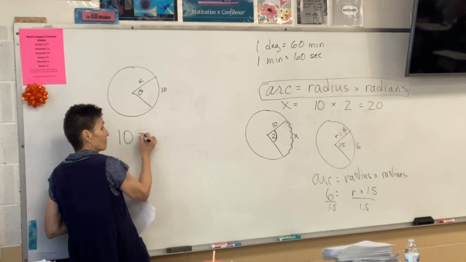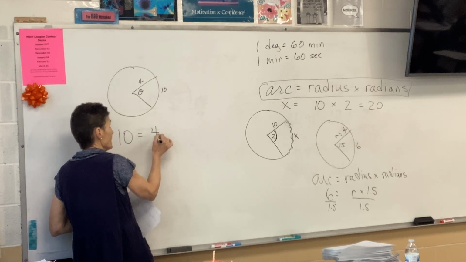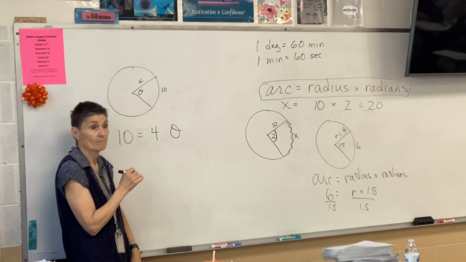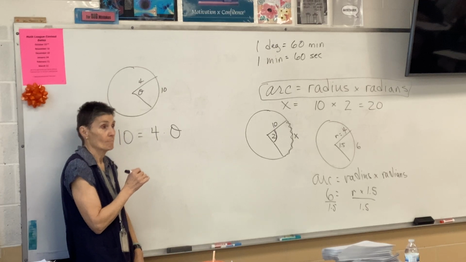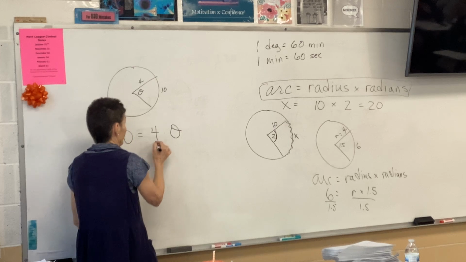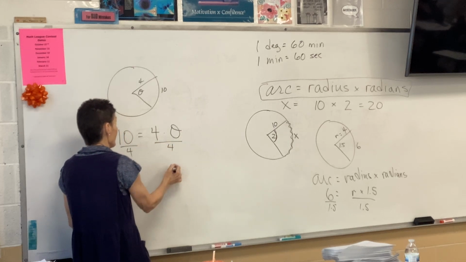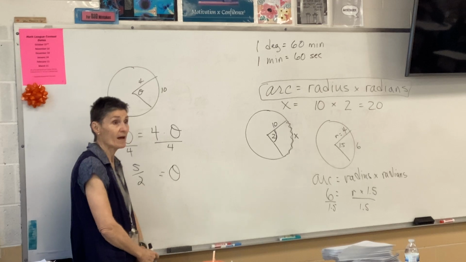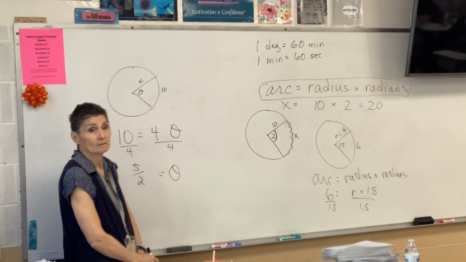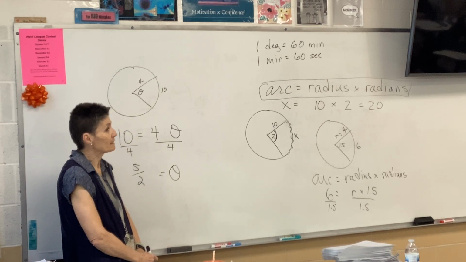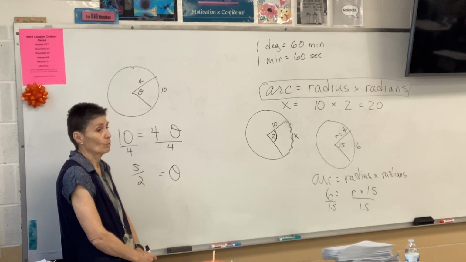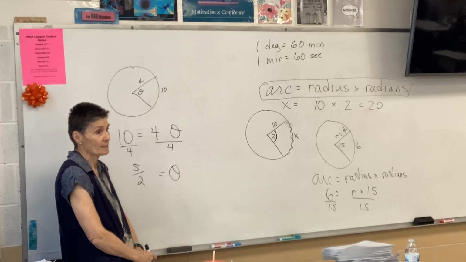Arc length equals radius times radians. So it looks like my radians are 2.5 or 5/2. Incredibly easy. Arc length equals radius times radians. Plug in what you know.